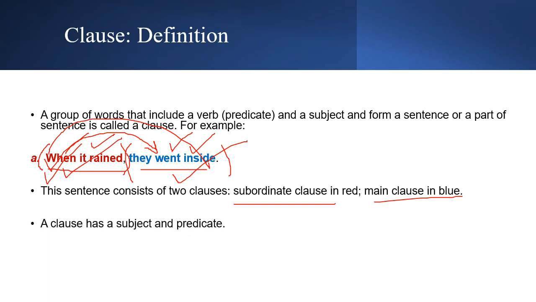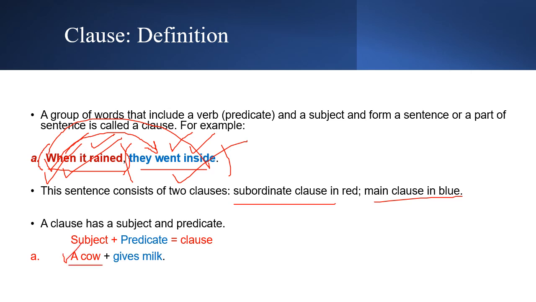A clause has a subject and a predicate. Okay, so look at that. For example, this is how a clause is made. A subject, which means the person or the thing that does something. Predicate means a verb, or the portion of the sentence which has a verb in it, and that makes a clause. For example, a cow gives milk. A cow is the subject.